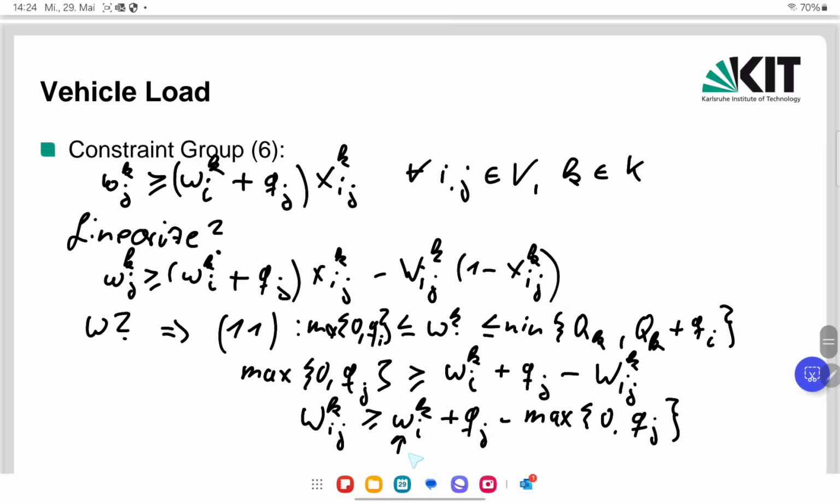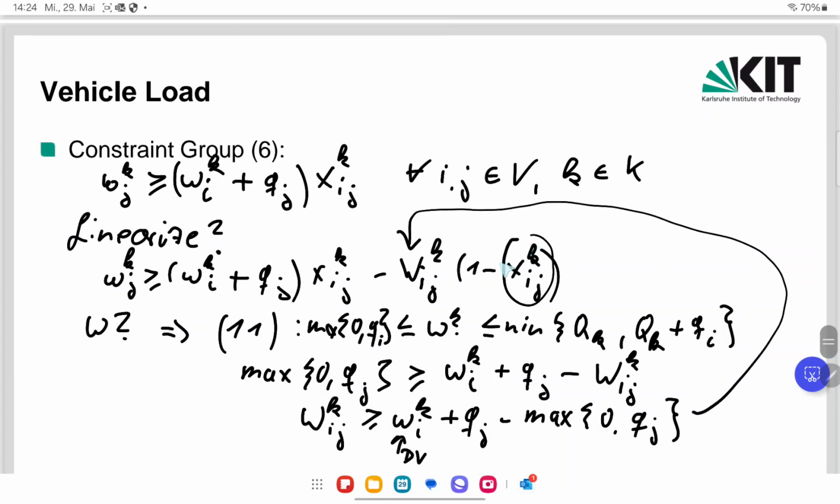W again is a decision variable, and that means if our big W contains a decision variable, we would again, so you can see here, if we plug in this one into this expression, we have to multiply that by this decision variable again. And that means we haven't linearized this constraint group.